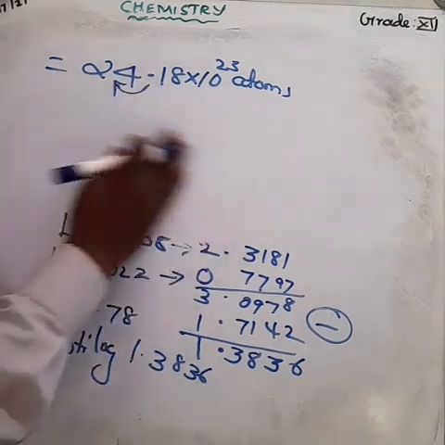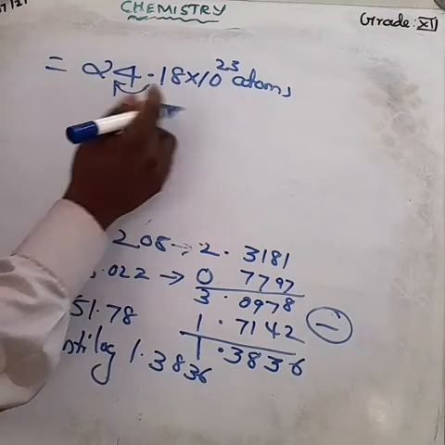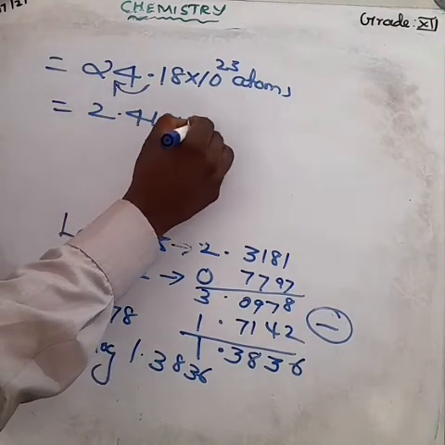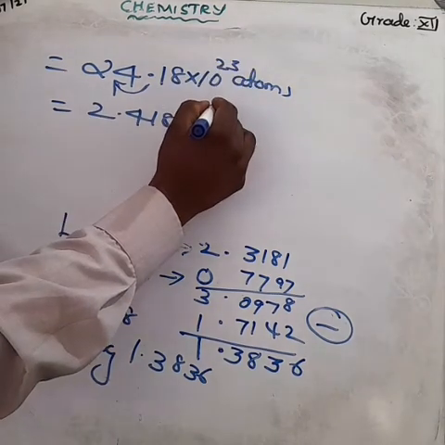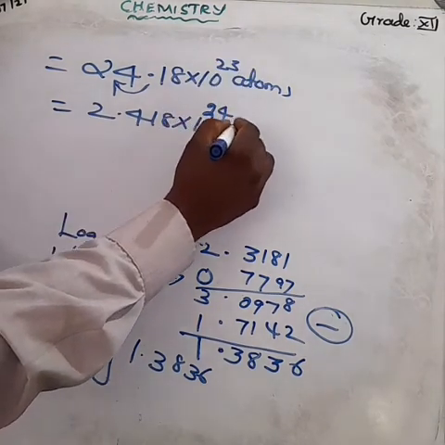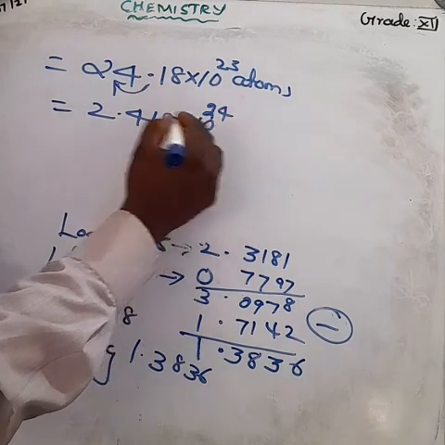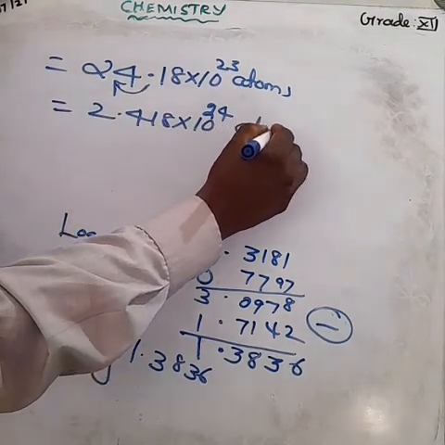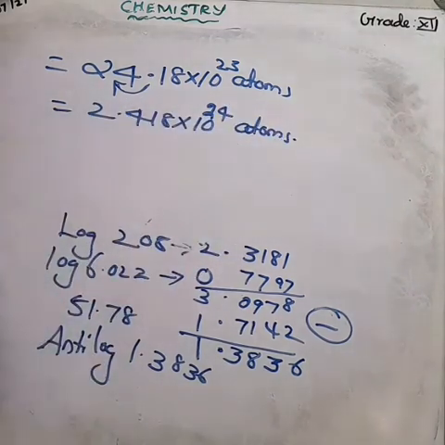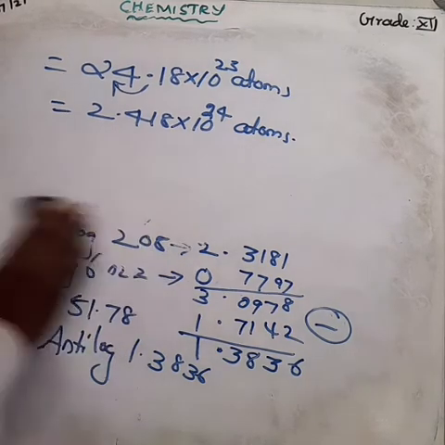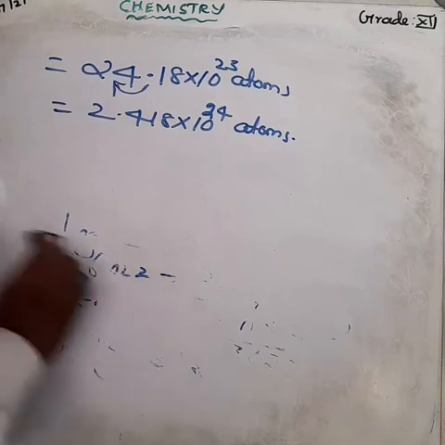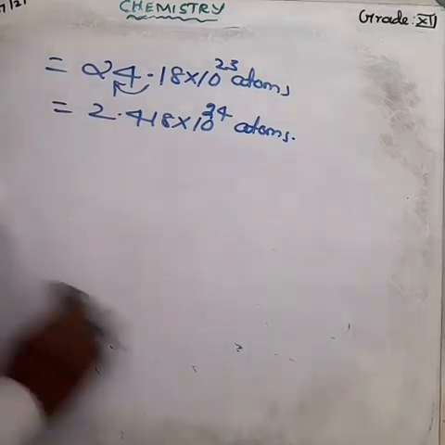So I am shifting the point one place before. So 24.18 becomes 2.418 into 10 raised to 24; the power of 10 increases by one. So we get 2.418 into 10 raised to 24 atoms, and this is the answer. Please learn it.